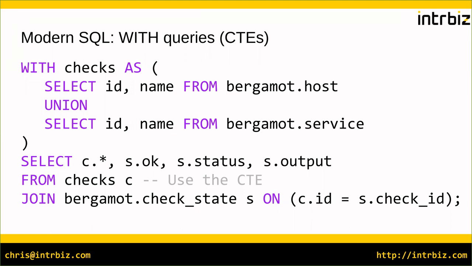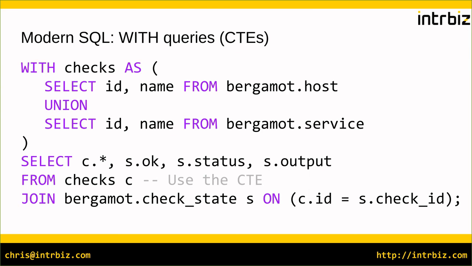So WITH checks, which is the name, and then we can use that name as a table in the rest of our query. Underneath, this isn't actually materializing anything. It's just syntactic sugar, so the planner can still do all of its optimizations. And in fact, now we can explicitly say to materialize or not materialize, depending on the performance benefits of either approach, depending on what you're doing.